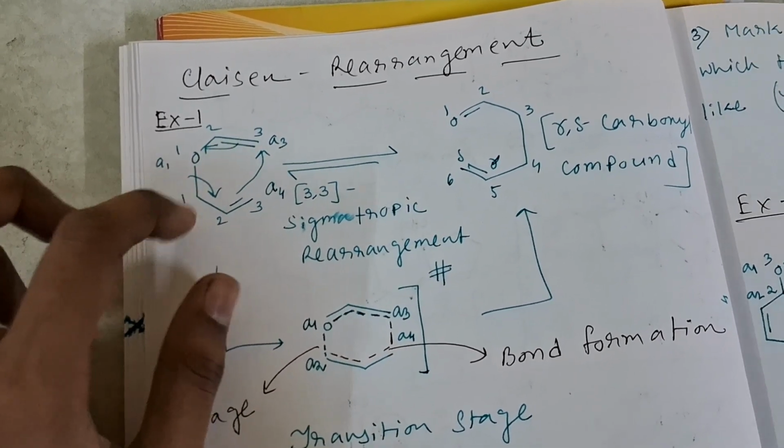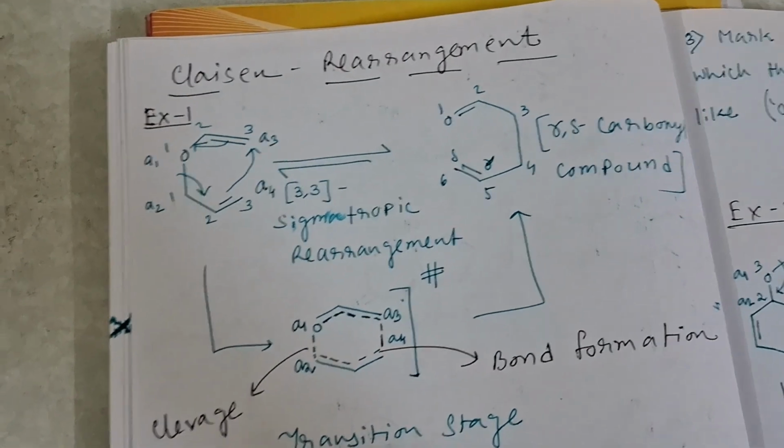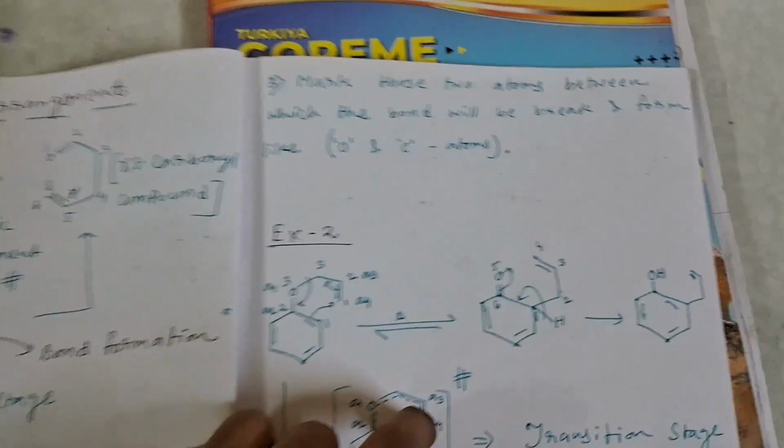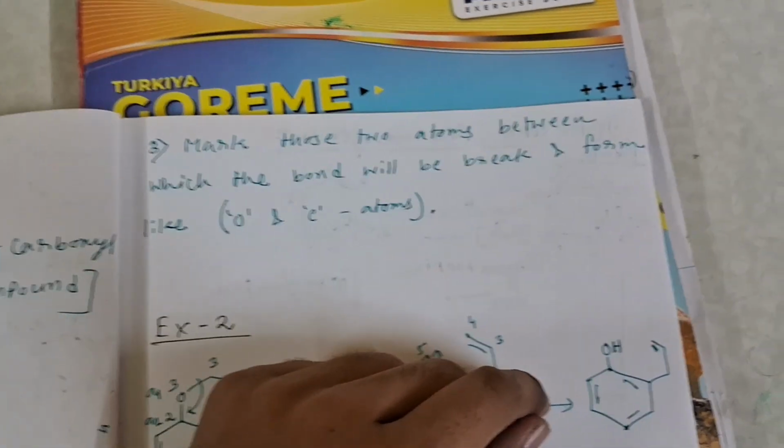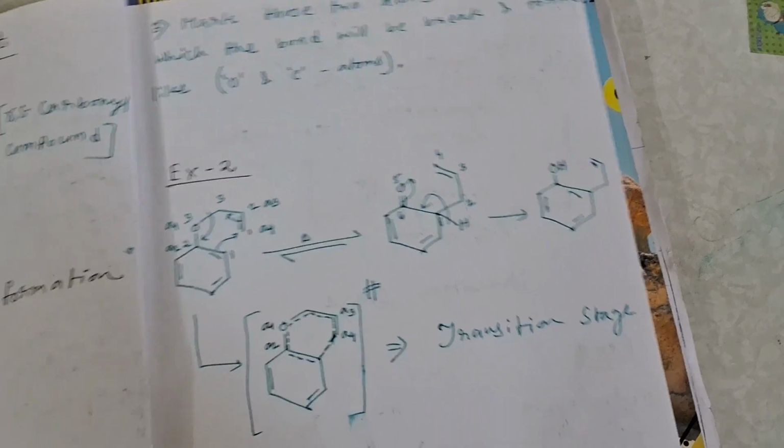Hence I have numbered these two atoms between which the bond is going to break and formation take place. Hence I have marked these two atoms.